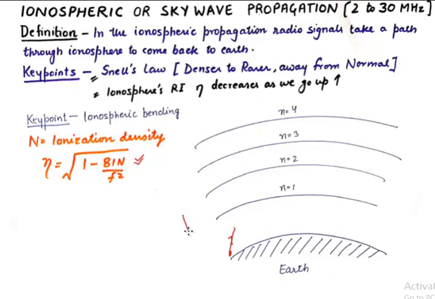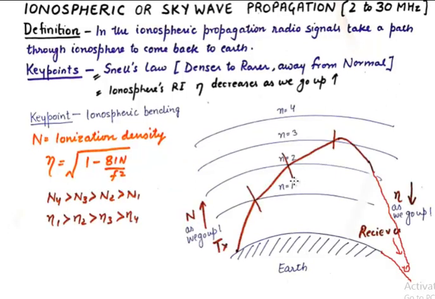So that being said, we know that n for layer number 1 will be the lowest, and n increases as we go up in altitude, because n is ionization density, and at higher levels the ionization is more.